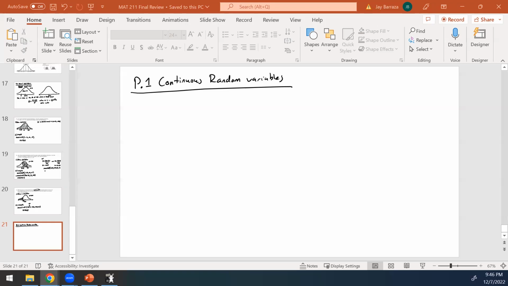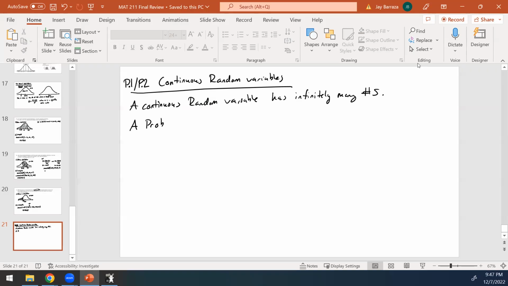So let's do this: P1 slash P2, they have to go together. A continuous random variable has infinitely many numbers. And so the focus is probability distribution functions.